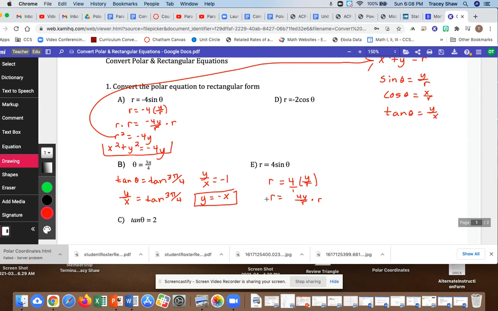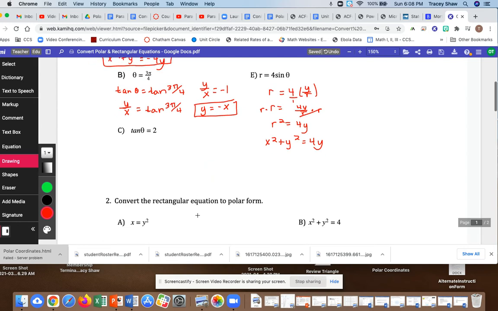Multiply r on both sides. R squared equals 4y. And then I'm going to use the Pythagorean theorem that r squared is equal to x squared plus y squared. And that equals 4y. So really similar to A. And I want you to go back and do D and C after we're done with the video.